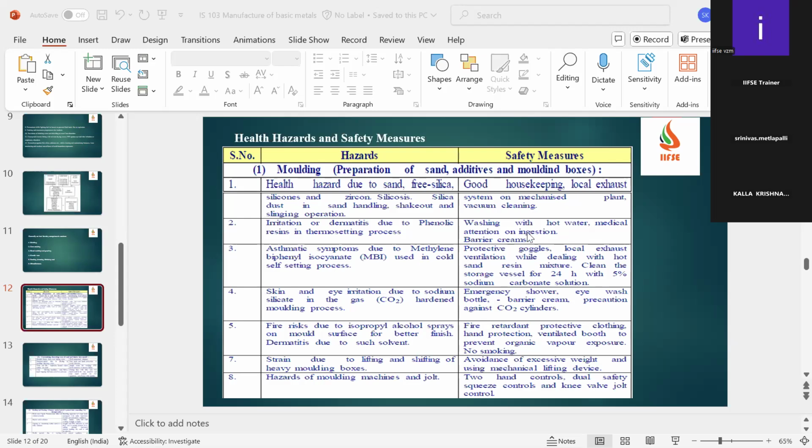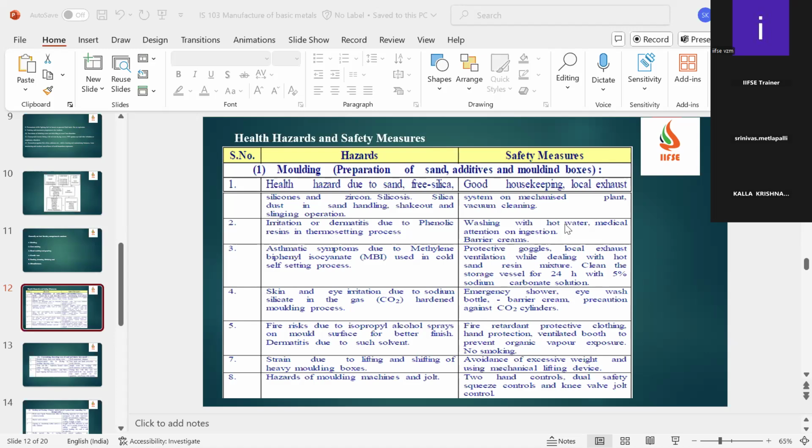So how can we avoid the silica exposure? Again, it is as usual local exhaust. When I say local exhaust, it is particularly where the dust, emissions or vapors are generating, so that it is an effective method of taking out my pollutants.